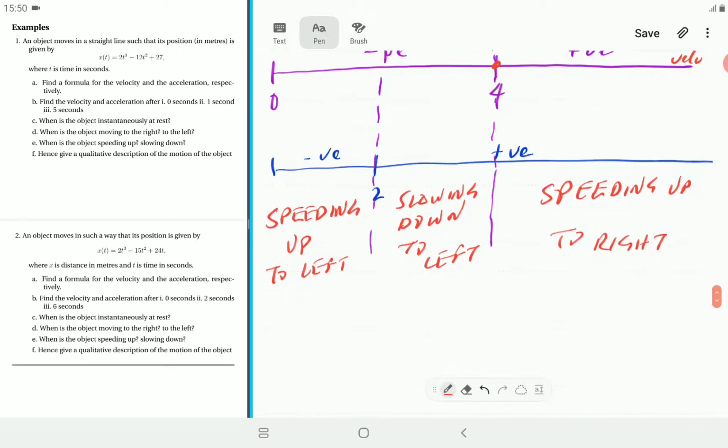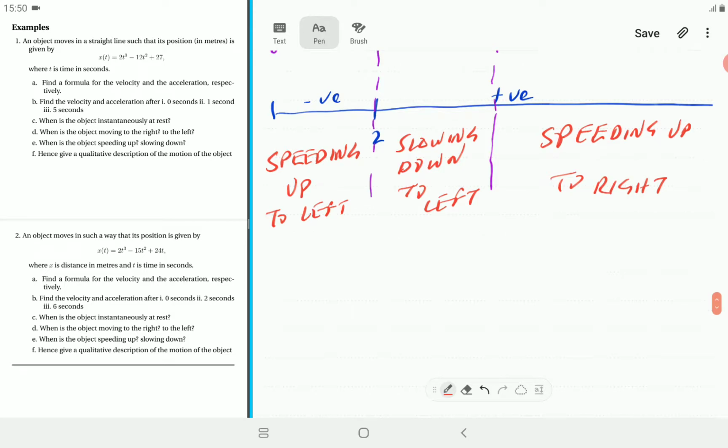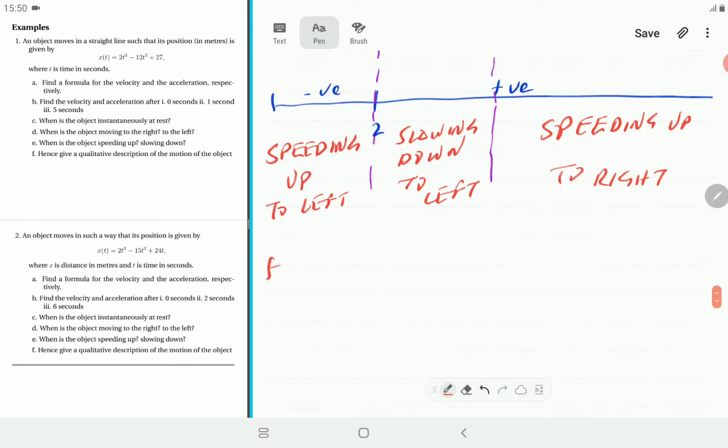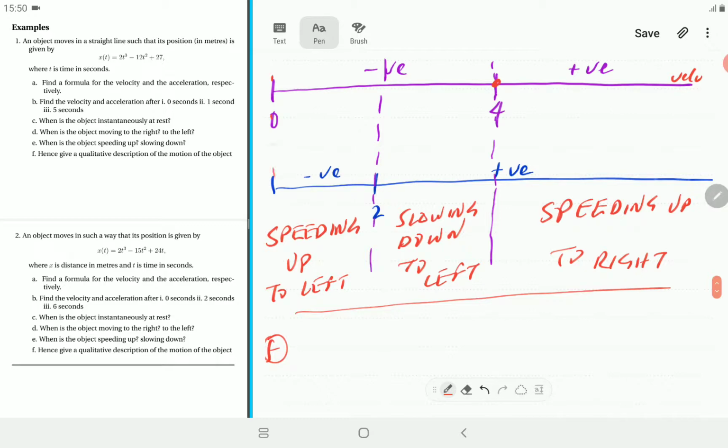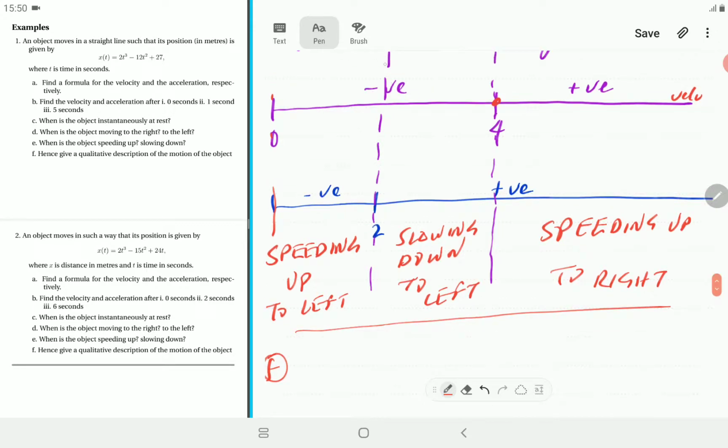The final question requires us to do a qualitative description of the motion of the object. Now this diagram is going to help us, and you can see that the key time spots are 1 second, then 2 seconds, then 4 seconds, which divides the whole thing into 3 regions.